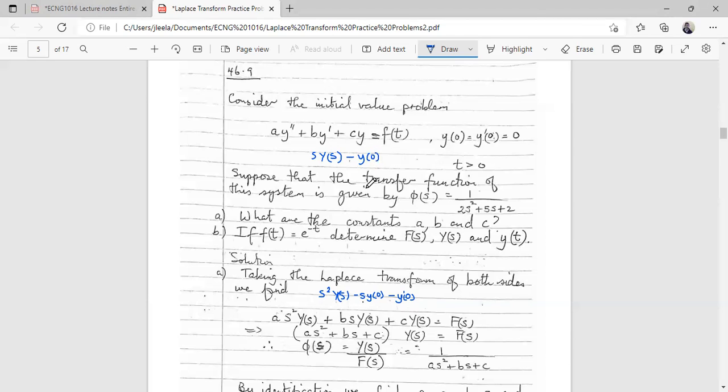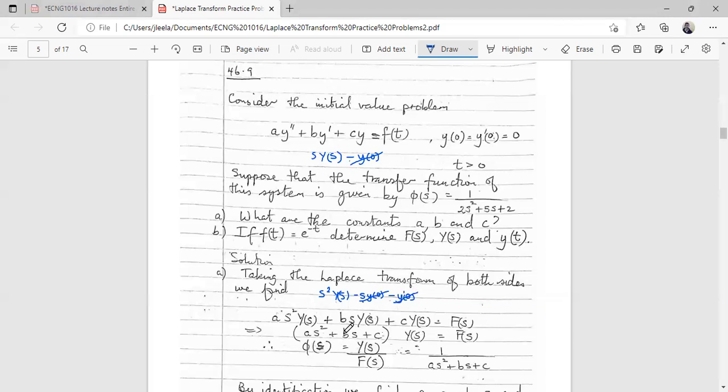right? But when we deal with the transfer functions in terms of initial value problems, the initial conditions are all 0. You understand here? So y(0) is 0, y prime(0) is 0. So this will drop out, and this here and this here will both be 0.